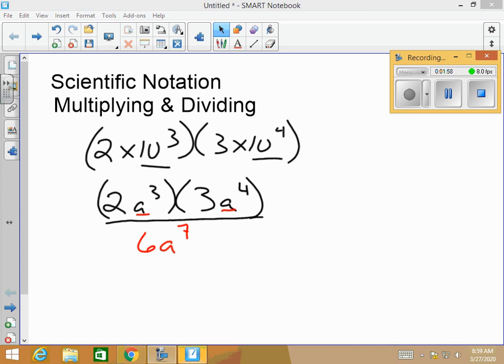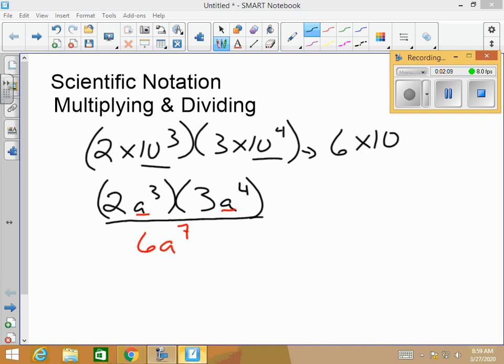So how that works is when I don't have letters, I can multiply it right from here, and I can still get 2 times 3 is 6. Now it's times 10 because it's still that same base, and 3 plus 4 is still 7. All right, and I can convert that back to a number in standard form if I'd like.